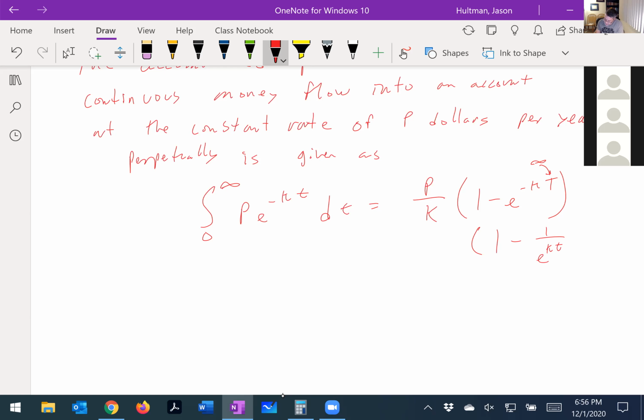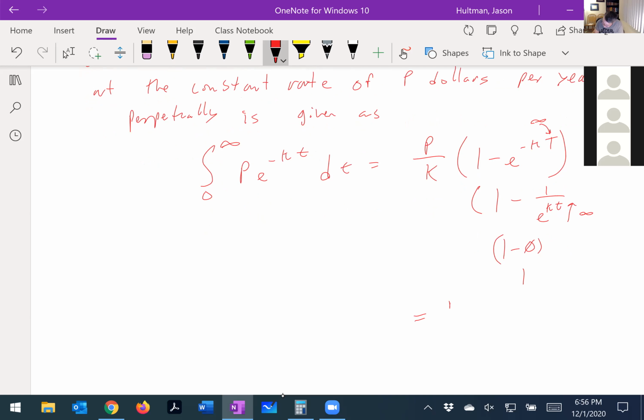So what happens as this thing grows without bounds? This thing goes to infinity. Well, what's 1 over infinity? It's 0. And so what's 1 minus 0? It's 1. So this whole thing becomes 1 times p over k, which is p over k.